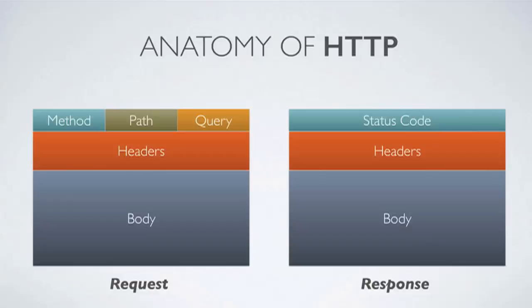So, as you all know, HTTP is a client server protocol wherein the client creates a request, sends the request over to the server, which processes it and sends back a response. The request and response objects are composed of some similar parts, and you can see them outlined here.